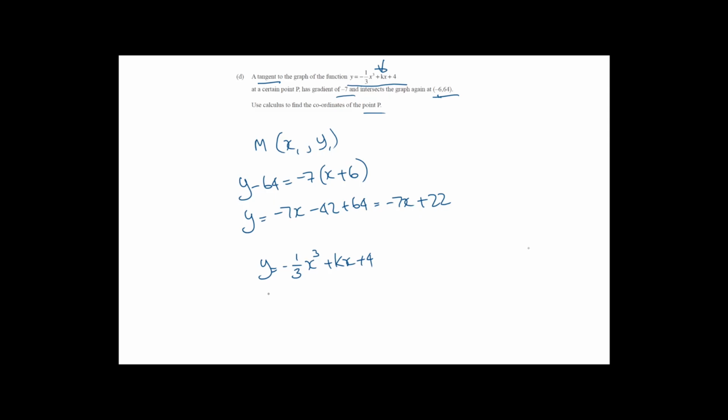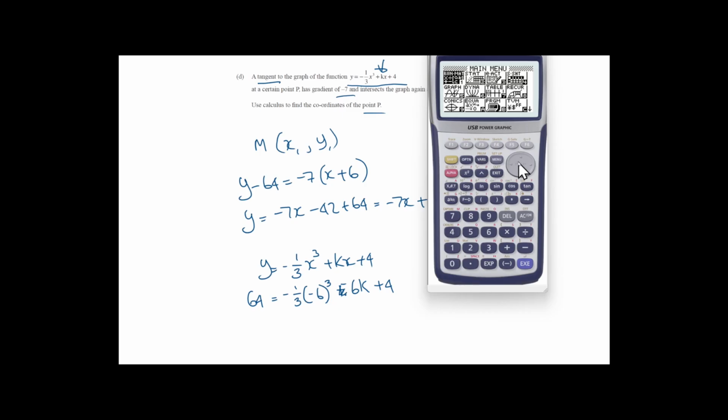Okay. So 64 equals negative 1 over 3 times minus 6 cubed plus, just going minus 6k plus 4. We've got one equation and one unknown. Strange.